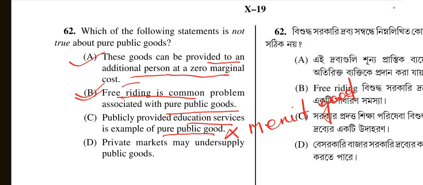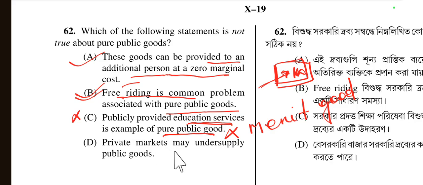So the seats are limited. If we get admission in any college, then the seat is limited. Here we cannot deny others to get educated, but we have to enroll in that institution. If seats are 100, then only 100 students get enrolled in that institution. So it creates excludability. So publicly provided education service is not a pure public good. So option C is incorrect.